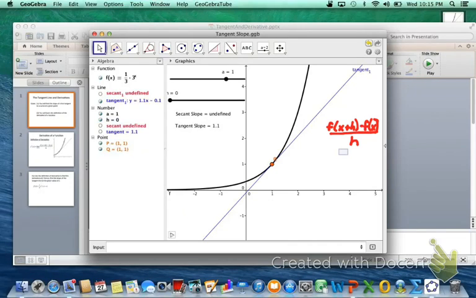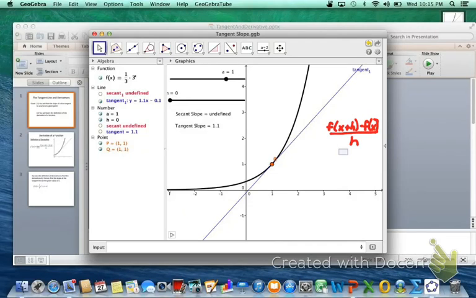Now, remember a moment ago when I told you the way you find the slope of the secant line through points P and Q is with this big difference quotient expression right there. Then I showed you that if you take the limit of the slope of the secant line, it gives you the slope of the tangent line.